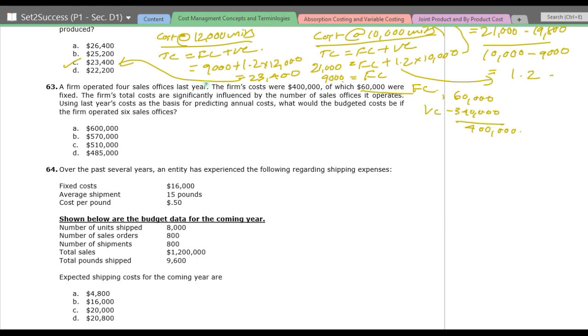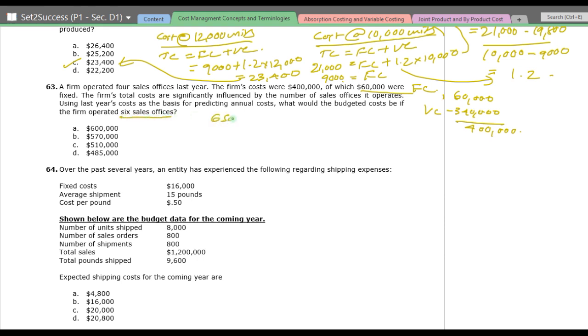Now, the firm's total costs are significantly influenced by the number of sales offices it operates. Using the last year cost for the basis of predicting the annual cost, what would be the budgeted cost if the firm operates 6 sales offices?